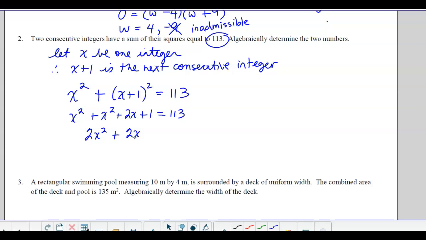So 2x squared plus 2x, bring the 113 over, so it'll be minus 112.